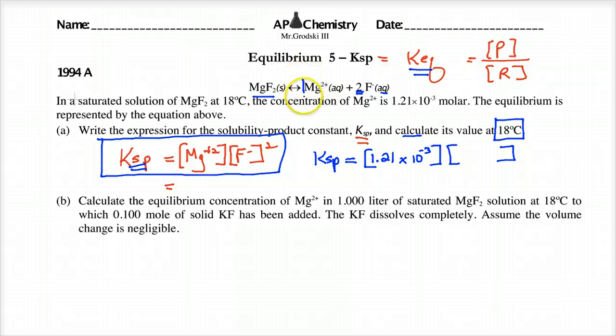So if I know the concentration of this, this must be twice as much, because for every one of these, there's 2 of these. So it's double. Okay, so you can make this 2.42 times 10 to the negative 3, and that's double. And don't forget the square. And let's go find that value.